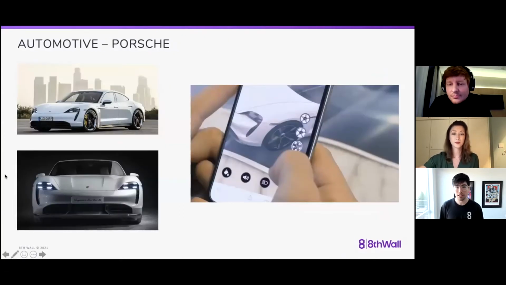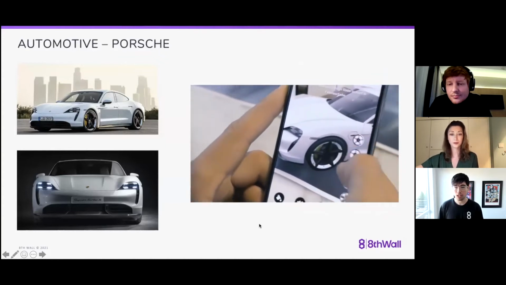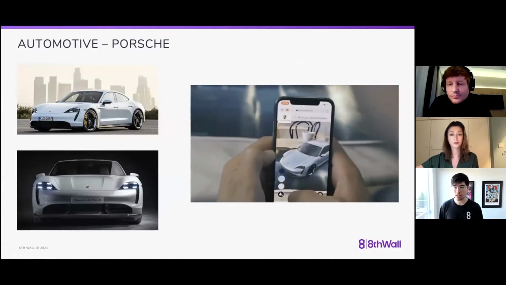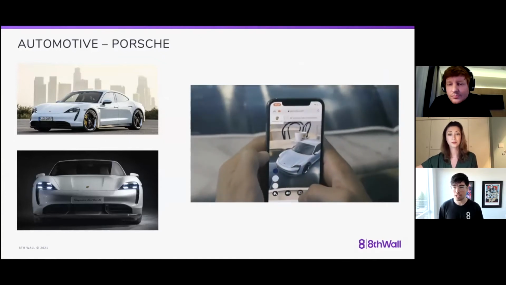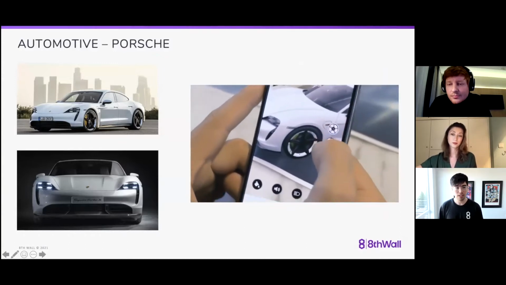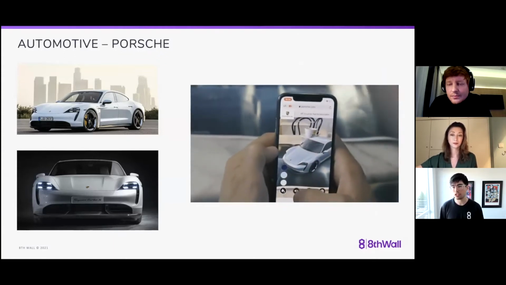And then finally, this example is pretty great. This is for Porsche by Innovation Rocks in Austria. It was a fold-out insert inside a car magazine called AMS, and it allowed you to customize a Porsche Taycan EV and see what it looked like in all the different colors and wheel configurations. You could turn on the lights.